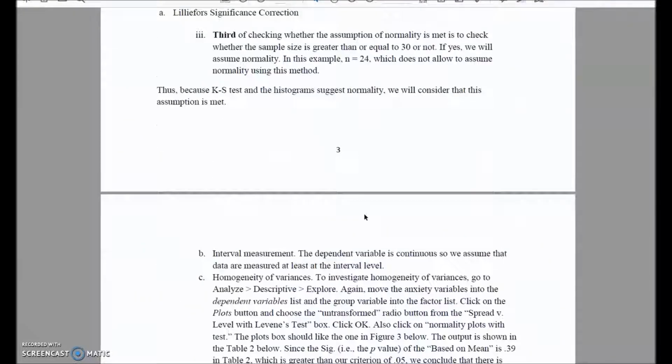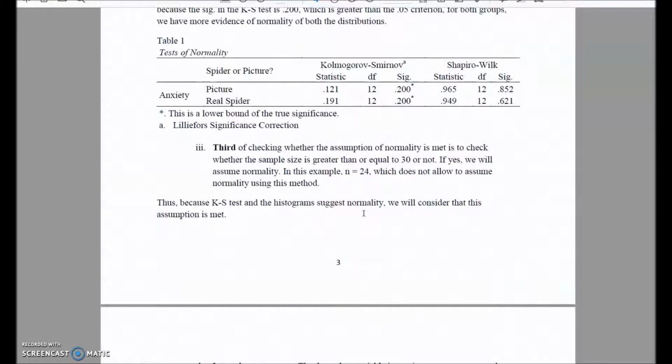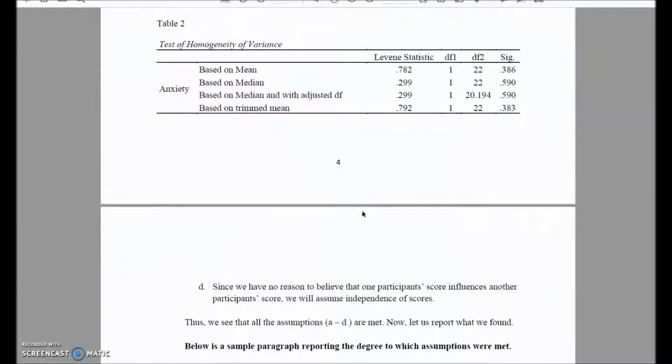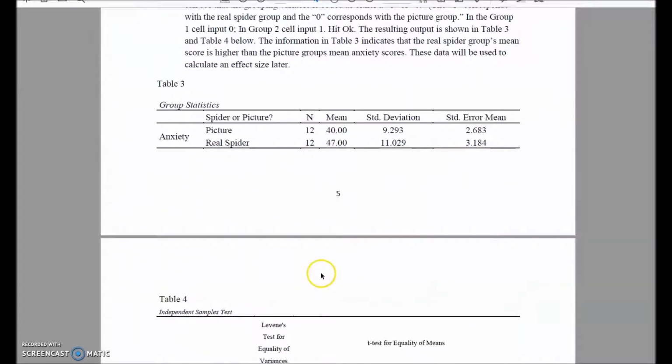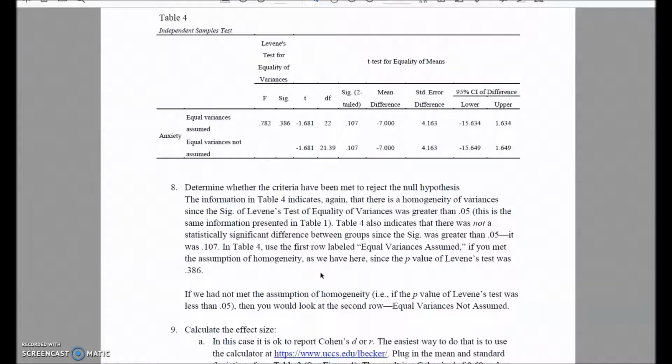So if you look at the table above, I had said that this is satisfied. So I am saying that equal variances are satisfied, and hence I am looking at this row and using these values. If equal variances were not assumed, I would look at these.